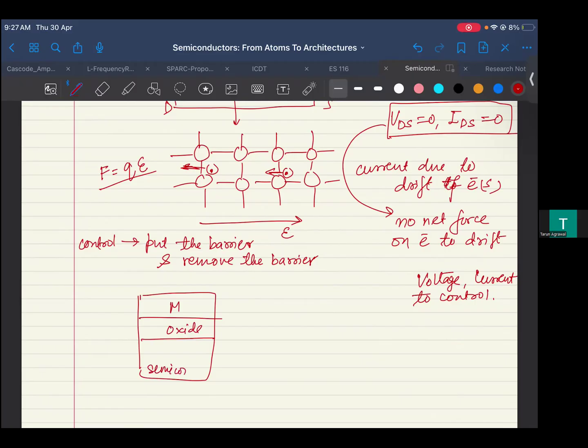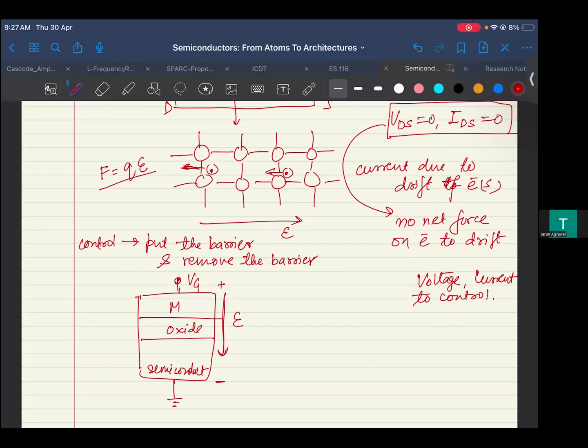This whole series is about semiconductor, where by applying this voltage here, which is our control terminal, you generate an electric field. This is positive, this is negative. This electric field can now control the barrier.